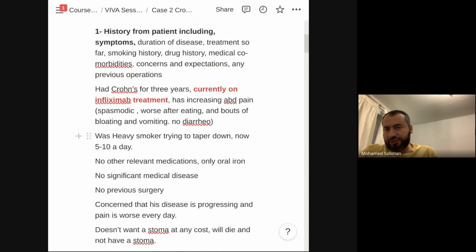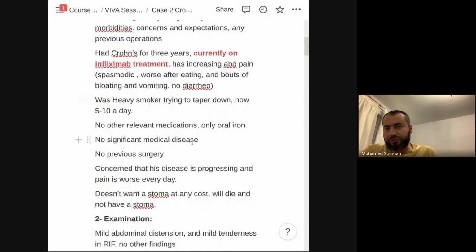My main concern from this presentation, he had some obstructive symptoms. I would be concerned about stricturing Crohn's disease, but I will need to review up-to-date scans, if he had MR enterography or any recent endoscopy had been done, and if there is any suspicion of any dysplasia or anything which might impact the intervention as well.